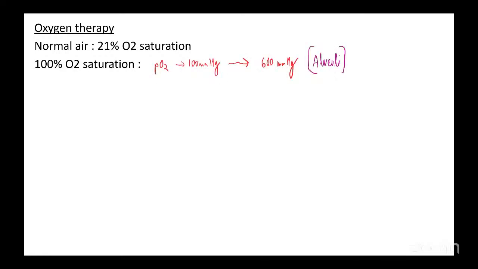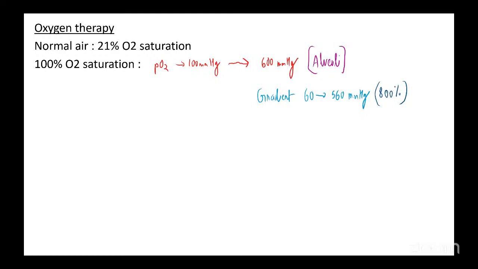And then we have oxygen therapy. Normally, we have 21% oxygen. When you give 100% oxygen, your alveolar air, which has a PO2 of 100 millimeters of mercury, will rise to around 600 millimeters of mercury.